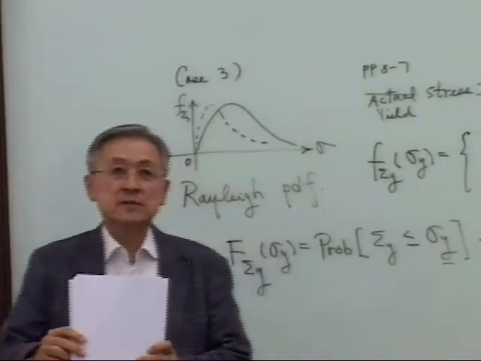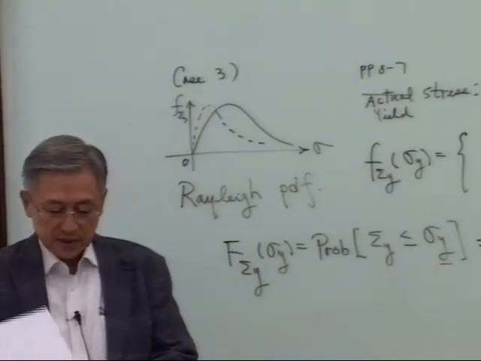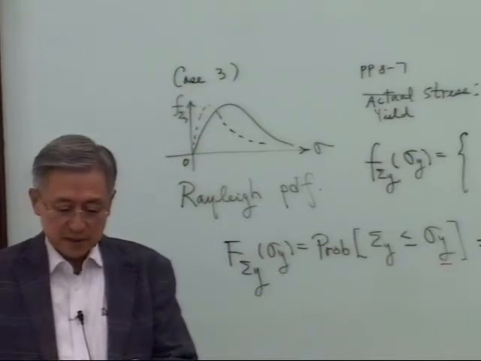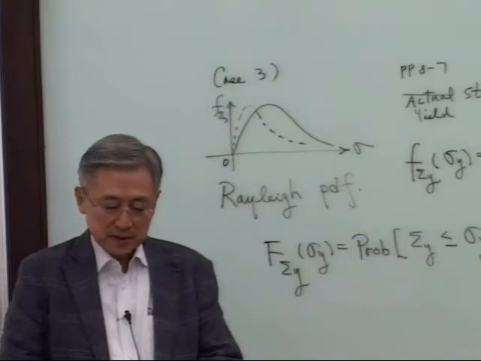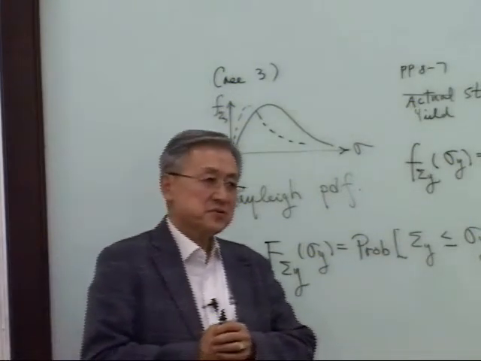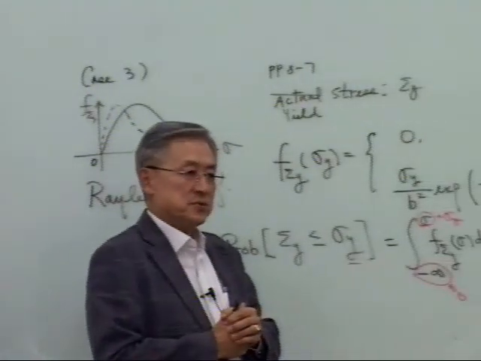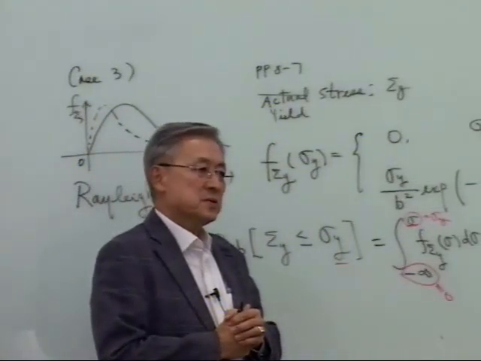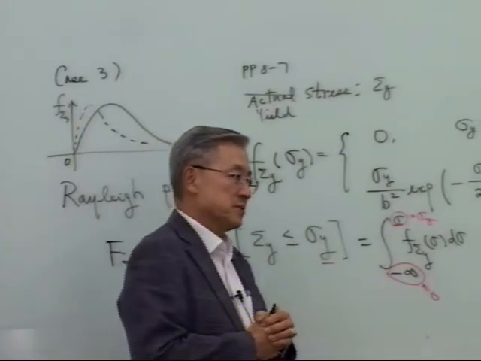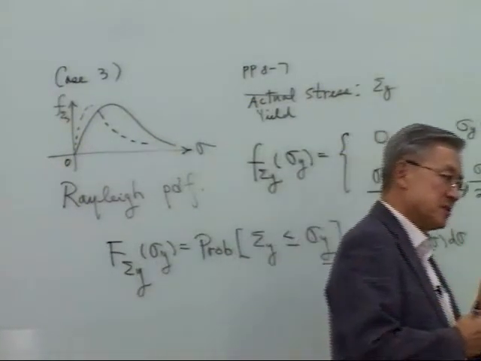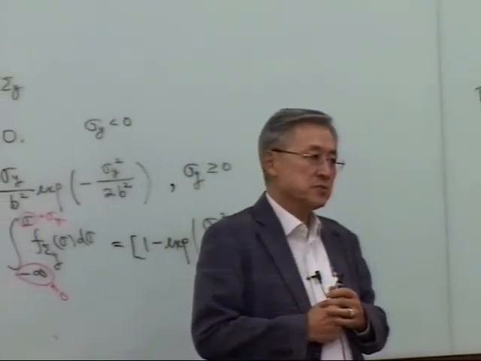The last model I am going to do, not today, is very straightforward: the normal distribution for sigma y. Sigma y is a normal distribution. What's the process for handling the normal distribution?